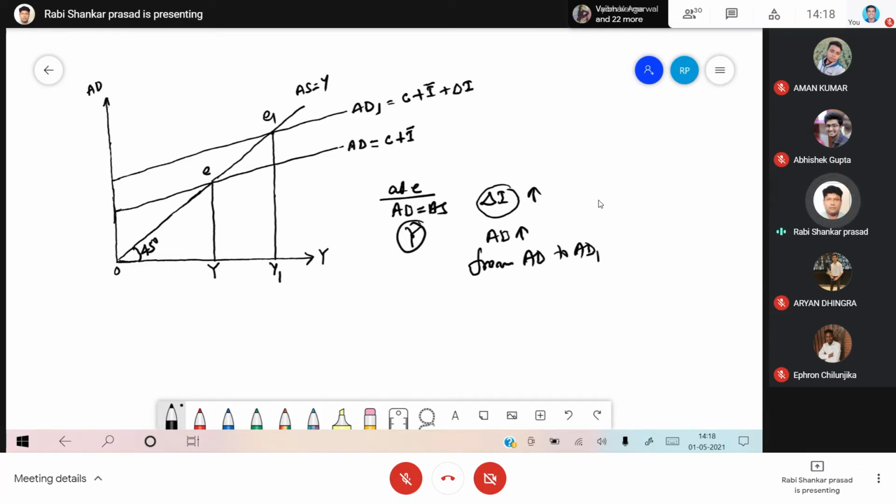In the diagram you can see that aggregate demand goes up from AD to AD1, but at the same level of Y. Now at Y level of output, your aggregate demand is more than the level of output, because this 45-degree line represents the level of production. So your economy is producing this much output, but your aggregate demand is much more.